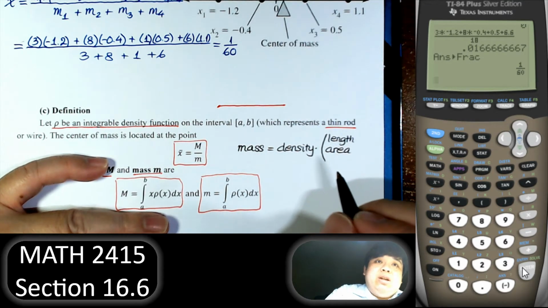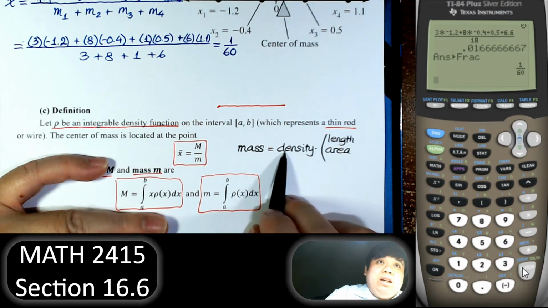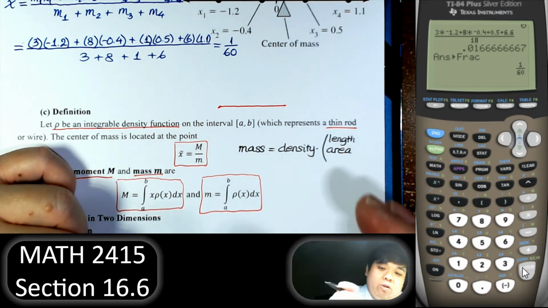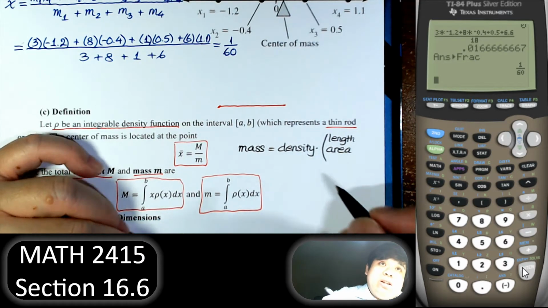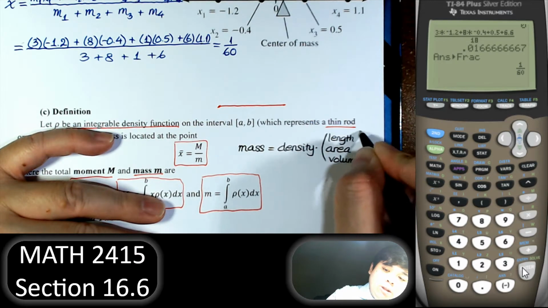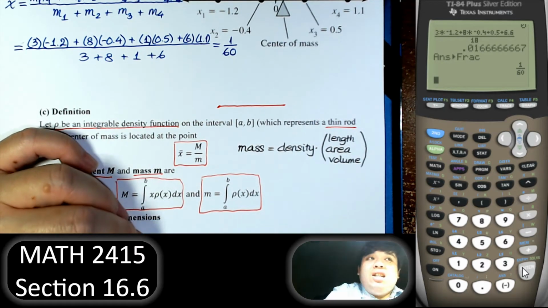density times the area, for a thin plate. So density here could be in terms of mass over length, or area, or volume, depending on what type of density we have.